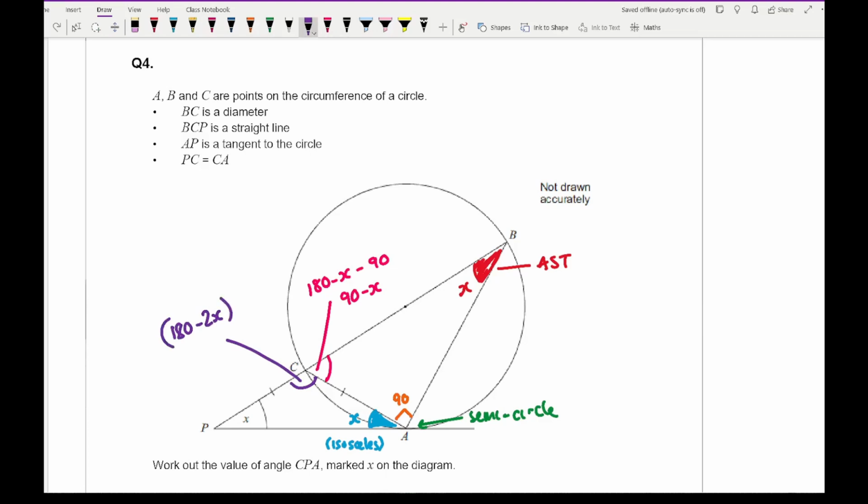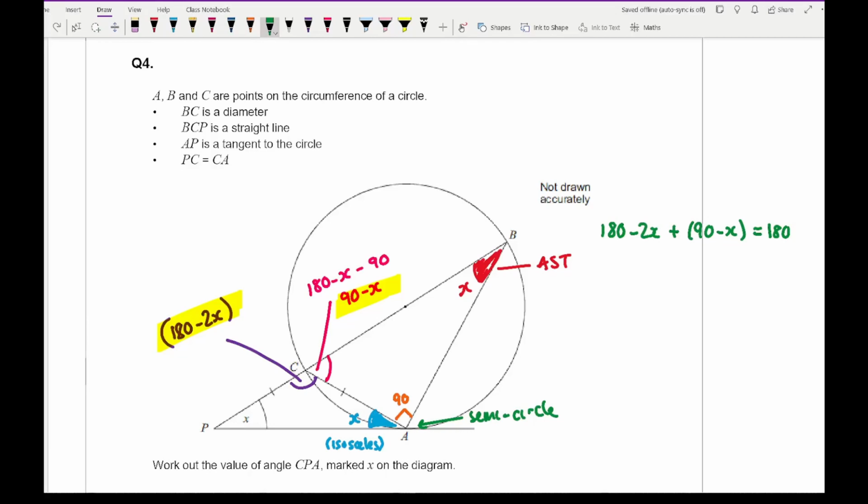Now from this, what I know is that these two angles need to add up to 180 because it's a straight line. So I've got 180 minus 2x plus 90 minus x, and that all equals 180.